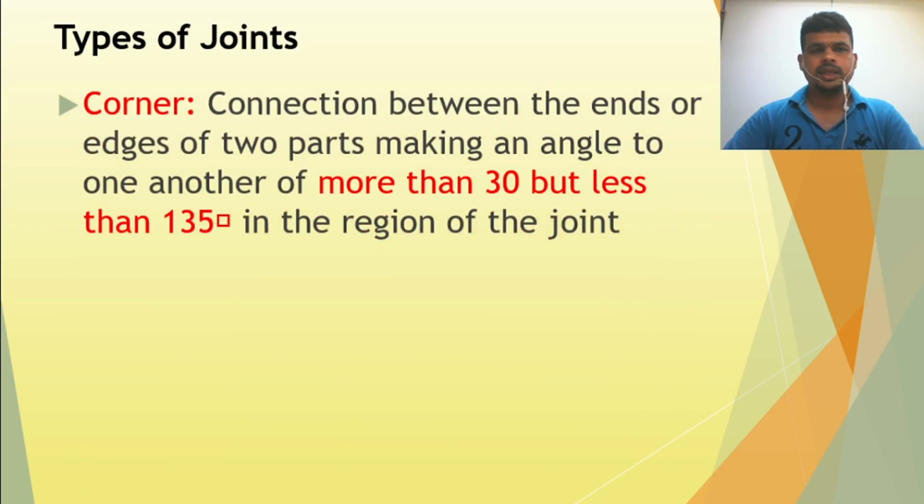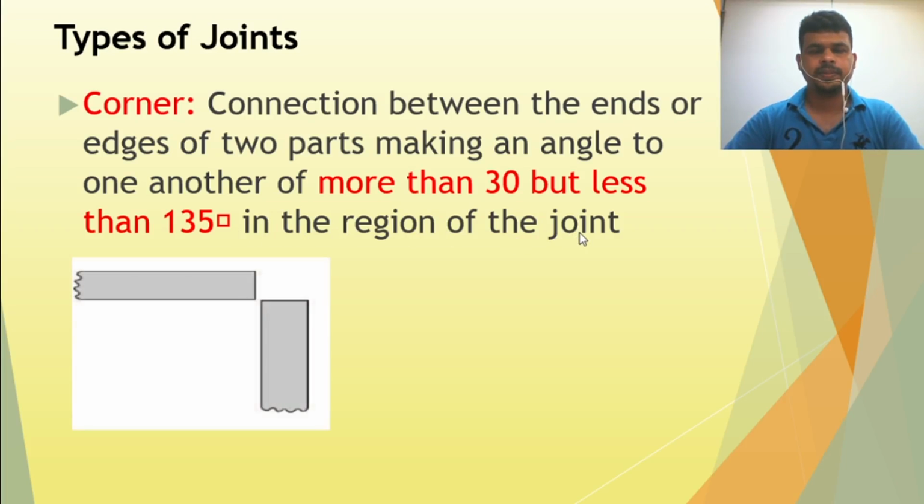Then next is the corner joint. What is the corner joint? A corner joint is the connection between the ends or edges of two parts making an angle to one another of more than 30 degrees but less than 135 degrees in the region of the joint. Let's see the picture. You can see from this picture, this is the corner joint, open corner.